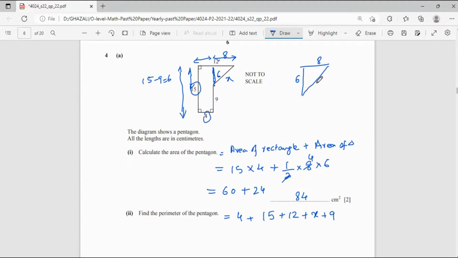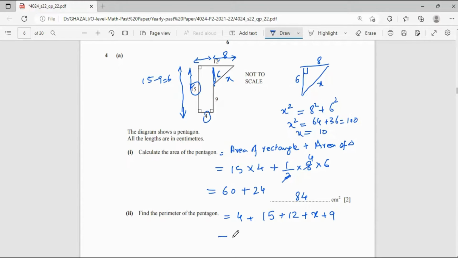Now firstly we find this length x. This is a right angle triangle. The hypotenuse squared will be equal to base squared plus perpendicular squared. Therefore, 64 plus 36, x squared equals 100, so x will be equal to 10 centimeters.